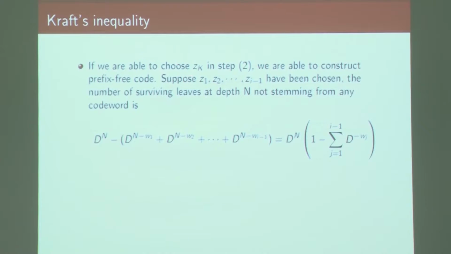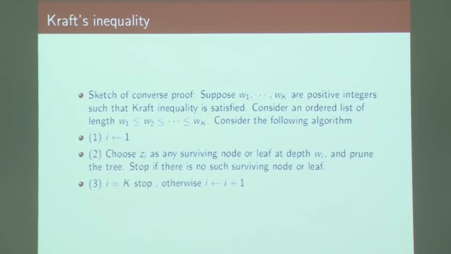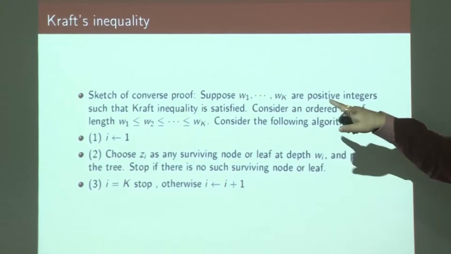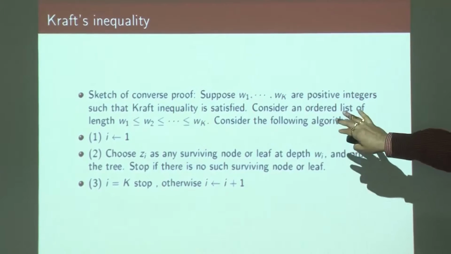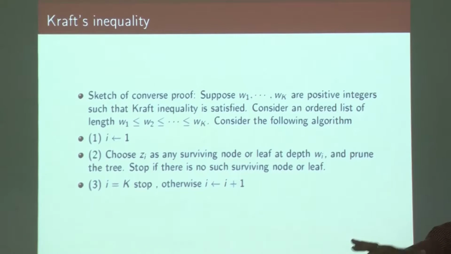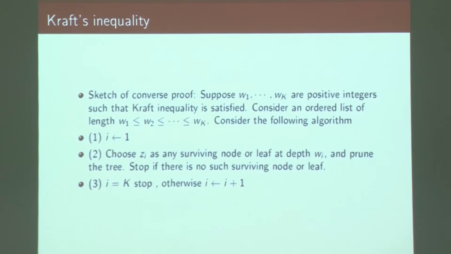We want to show that if Kraft inequality is satisfied, then we should be able to complete this step, meaning for all W1, W2, W3, ..., Wk, we should be able to map them to a D-ary tree.